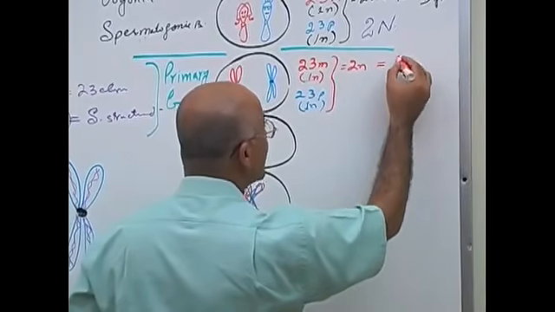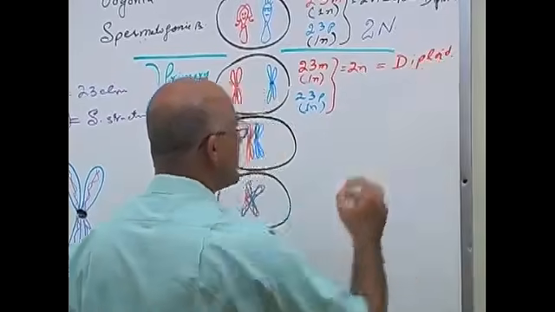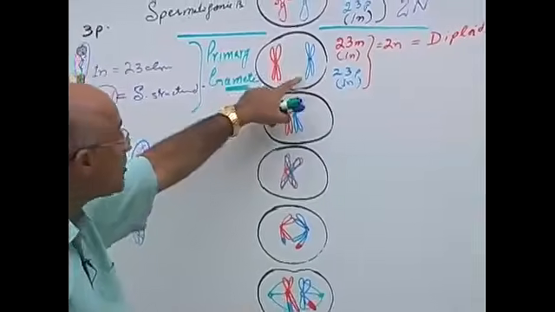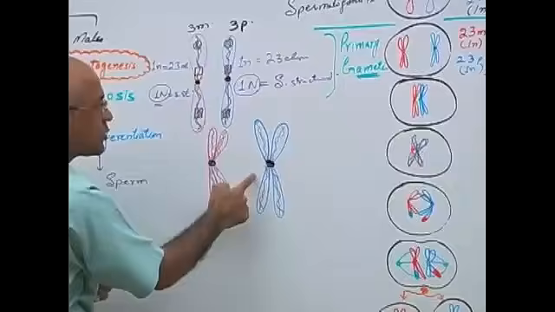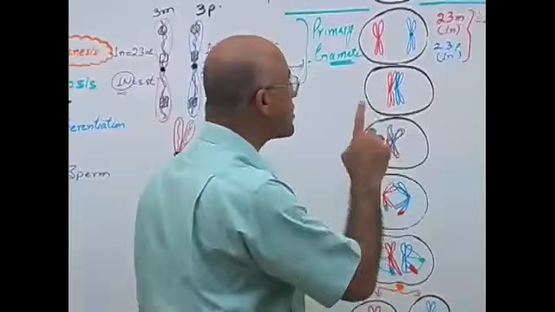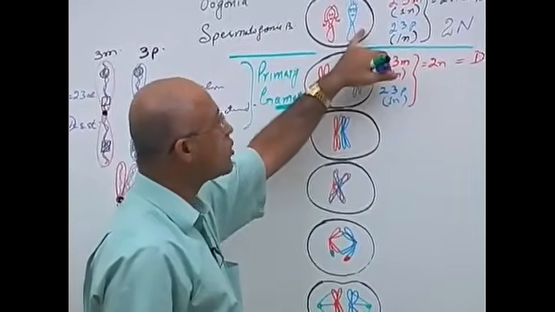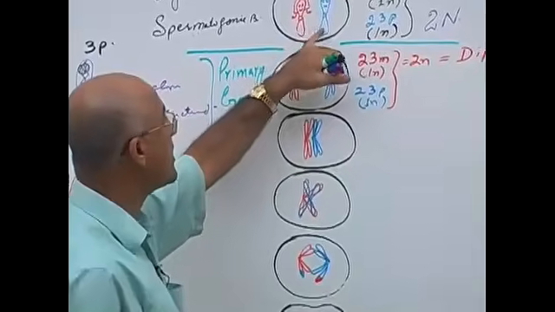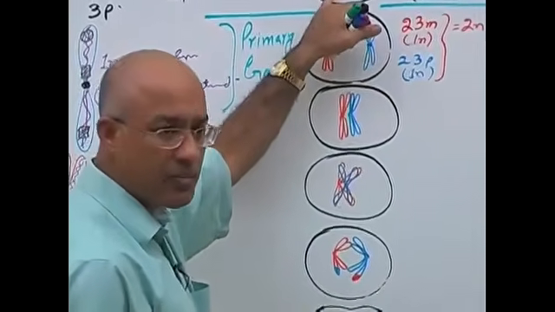It will still be diploid. This cell in the beginning will still be diploid. But there's a very important thing. The amount of DNA has been doubled here, right? Because every chromosome, from here to here or from here to here, has become double structured. Now, if we are talking about the amount of DNA, here the amount of DNA was 2n. 1n was contributed by the father, the paternal chromosomes, and 1n was contributed by the maternal chromosomes.